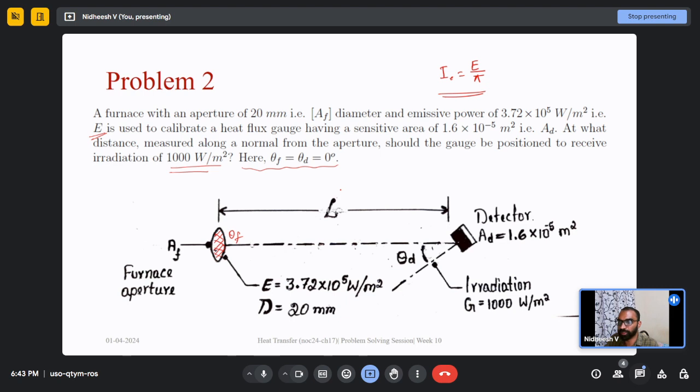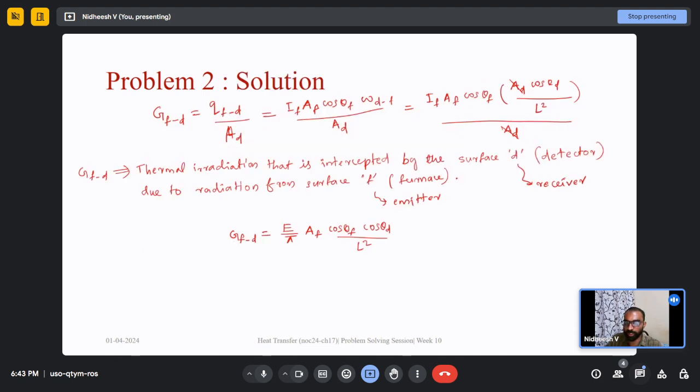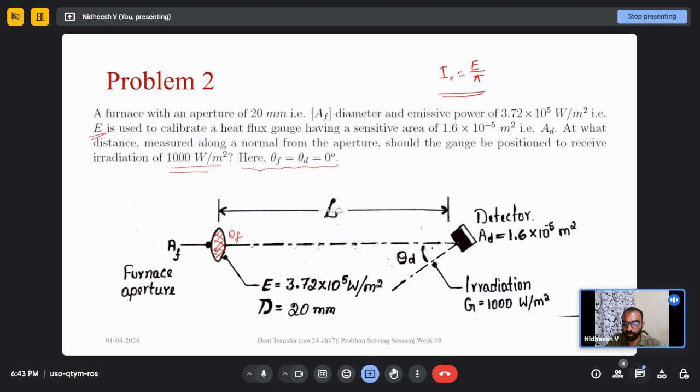At what distance should the detector be placed so that it can receive that much irradiation? When the detector is close to the emitter, it will receive the maximum, and when it is at a distance, the irradiation received would change, and this depends on L.